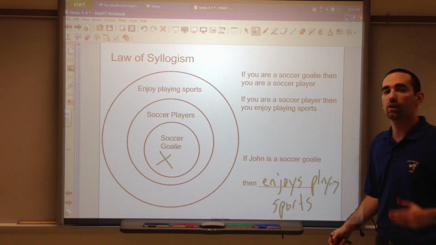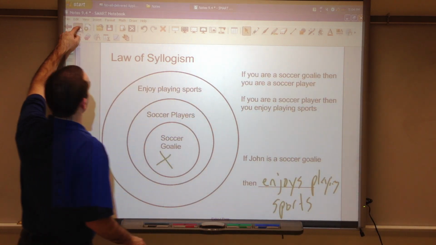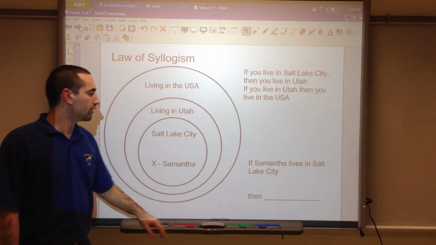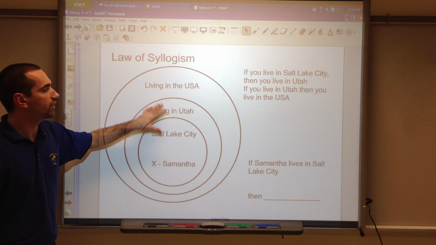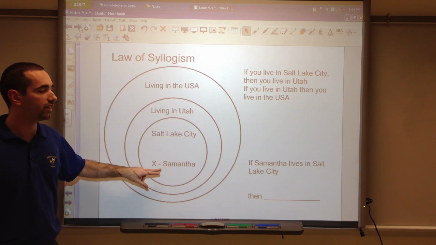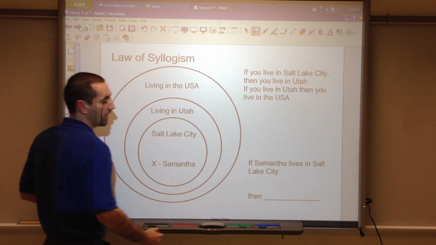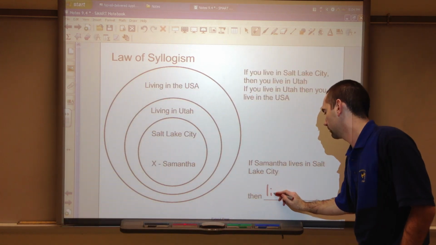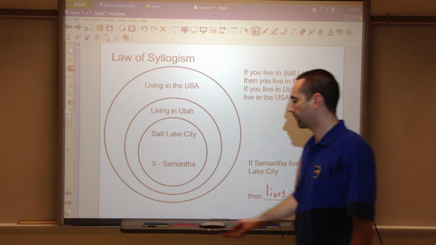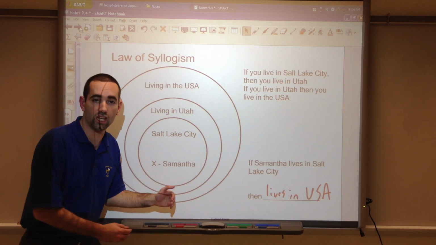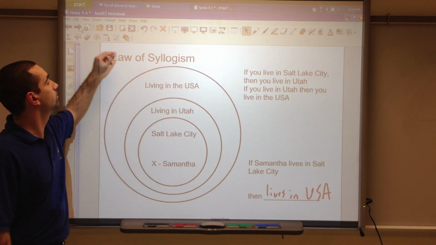I went from P straight to R. So here, live in Salt Lake City, you live in Utah. Live in Utah, you live in the USA. Samantha lives in Salt Lake City, therefore, she lives in the USA. Just go straight from P to R, because the P is inside of the R circle.